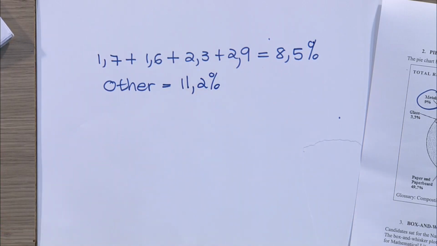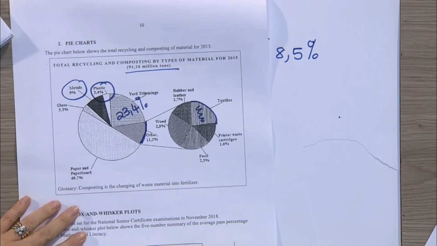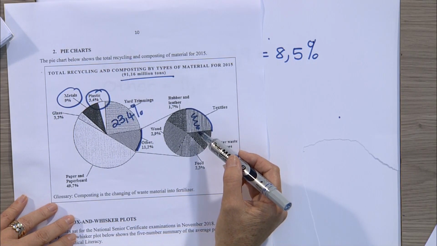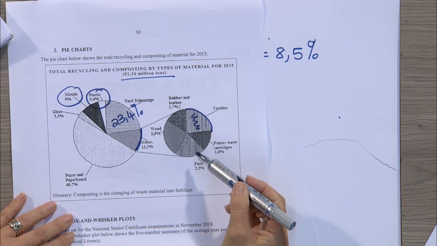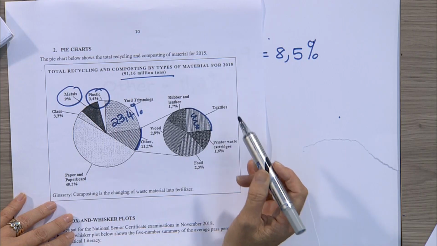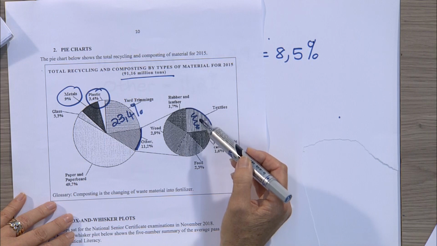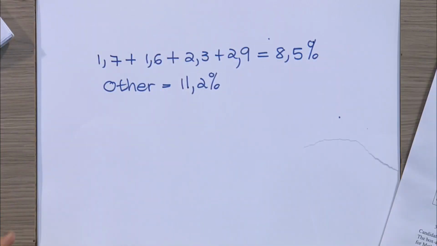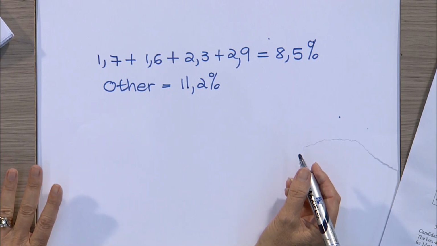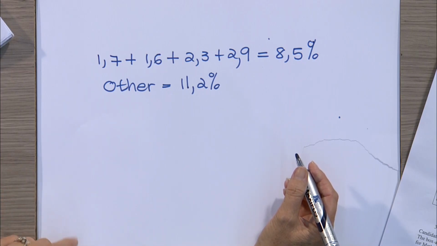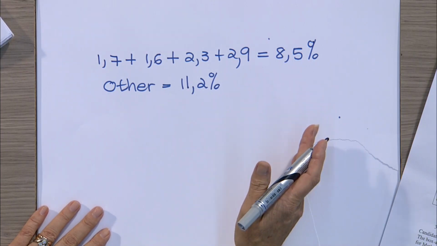Why are we not including the textiles here? Because if you look at the small pie chart, they say that it's rubber and leather, wood, food, printer waste, and textiles. So why are we not including textiles? Because they said, determine as a decimal the probability of selecting a material in the other category that is not a textile. So that is why we're excluding textiles.